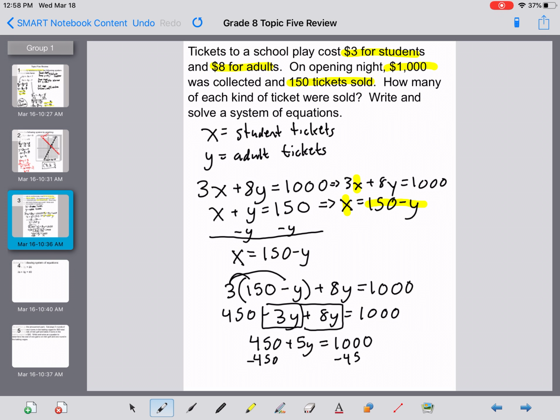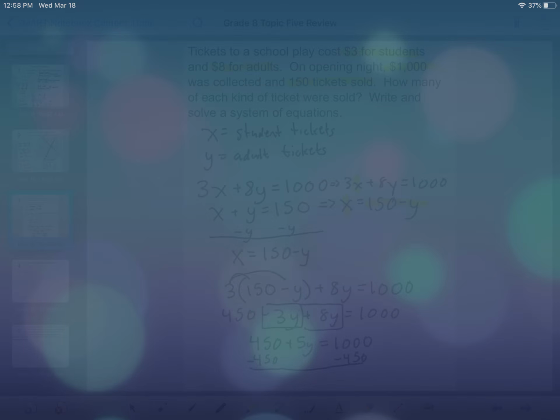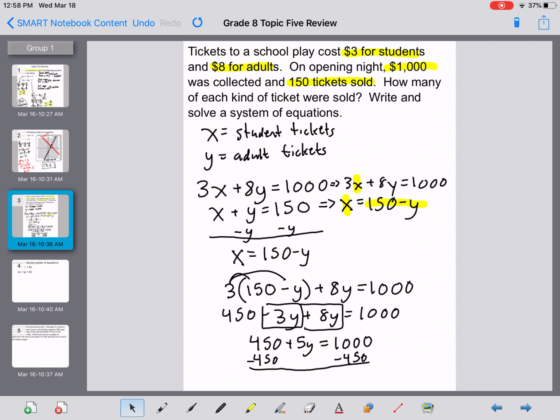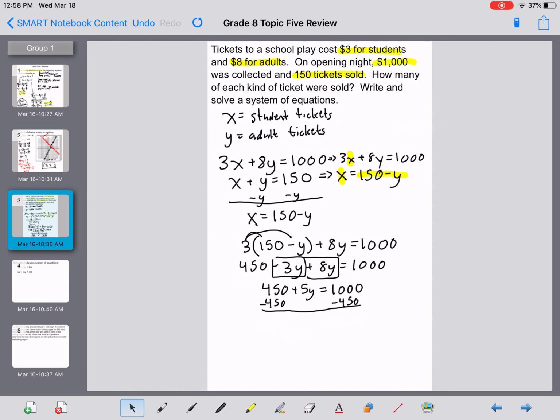Subtract 450 from each side. The 450s cancel out. I have 5y equals 1000 minus 450, which is 550. Divide both sides by 5. Y equals 110.